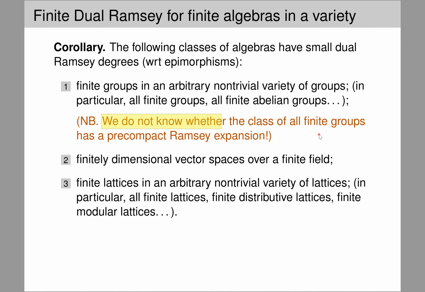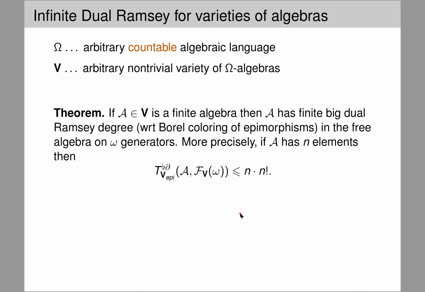Let's say small Ramsey degrees. We don't know. That's a very important open question. However, in the dual context, everything works straightforwardly. So this comes as a straightforward corollary of a more general result, of course. And then the same holds for an arbitrary variety. Now, another result considers the big Ramsey degrees.